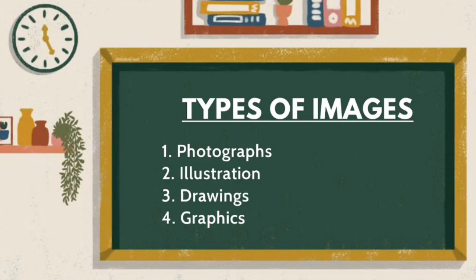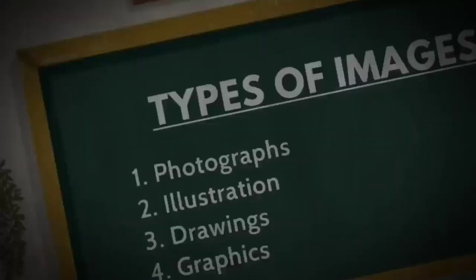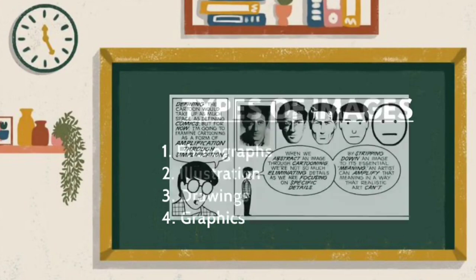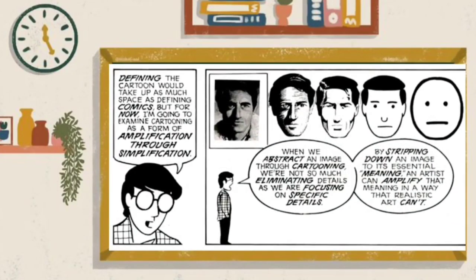Unlike illustration, graphics are simplified to the point where often all that is left are shapes and symbols that describe the subject. Look at this image as an example. This is an image from the book Understanding Comics by Scott McCloud. When you look at it clearly, you can see the perfect example of what I'm explaining.